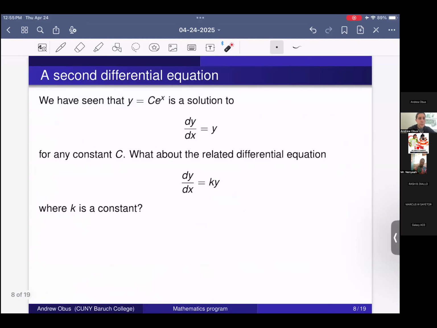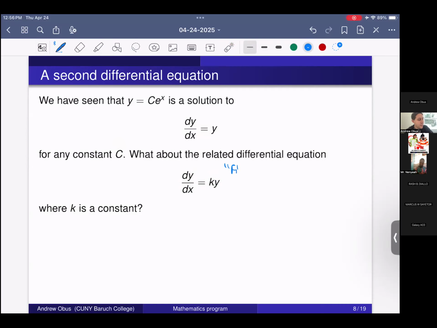Okay, so what's another differential equation? We've seen that y equals c e to the x is a solution to this differential equation, dy dx equals y, for any constant c. Now, let's make the equation a little bit more complicated. Let's write dy dx equals ky, where k is some other constant. What is this asking in English?